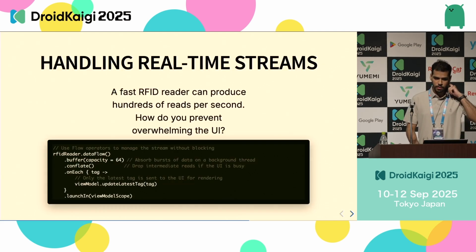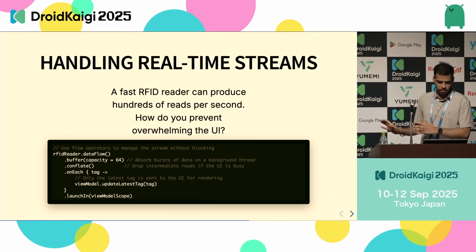Next, this is a real-world example. A fast industrial RFID reader can produce hundreds of reads per minute. If you try to update your UI on every read, the app is going to freeze. This is a very critical question, and how can we solve it using Kotlin Flow operators, for example? There's a bit of code that I wrote. Here we have the buffer.